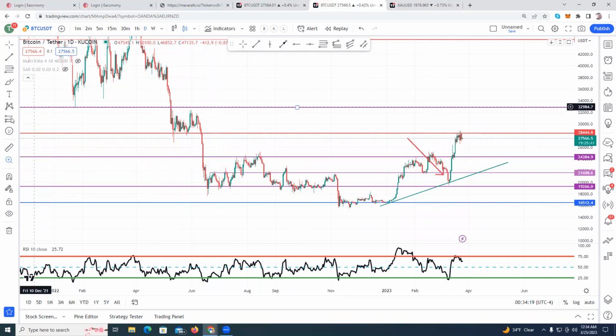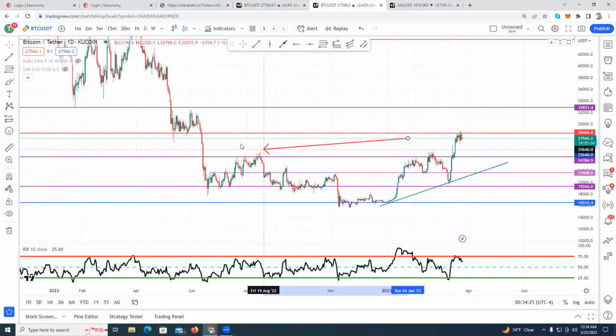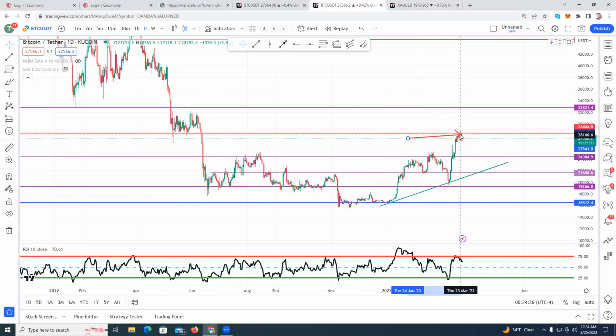Now, this zone here that I've got the plus sign on, or I'll actually do one better, this zone here where price has resisted, and that has just recently broken and closed, price action broke and closed above, and then shot up to our next resistance level. We have not had price revisit this important resistance zone on the daily, which should now act as a potential significant support, right?